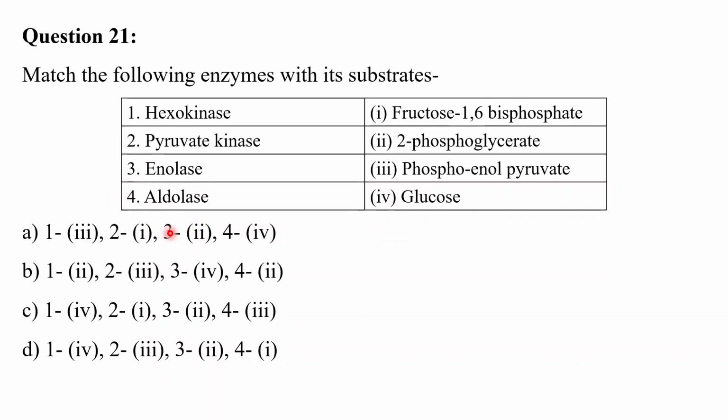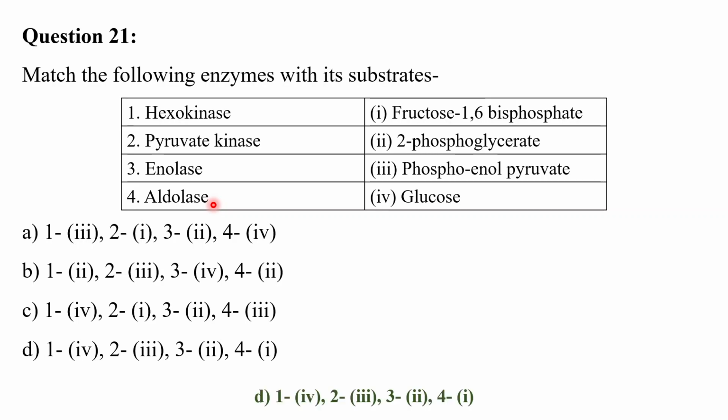The last enzyme, aldolase. The substrate for aldolase is fructose 1,6 biphosphate. It cleaves the molecule into two molecules: glyceraldehyde 3 phosphate and dihydroxyacetone phosphate.